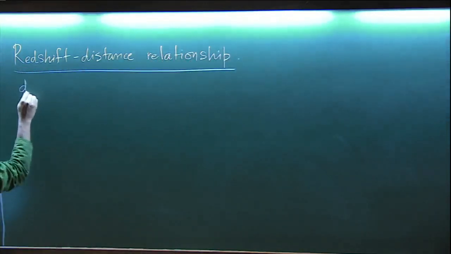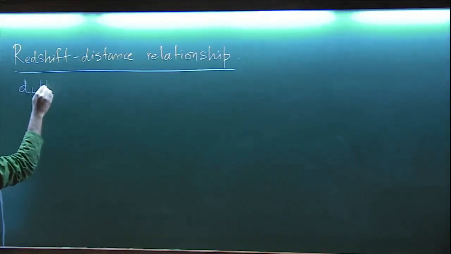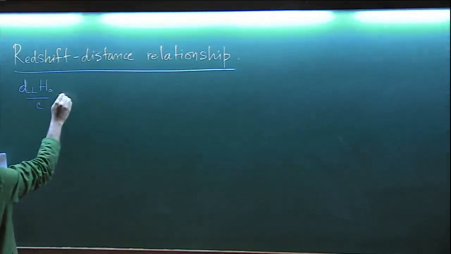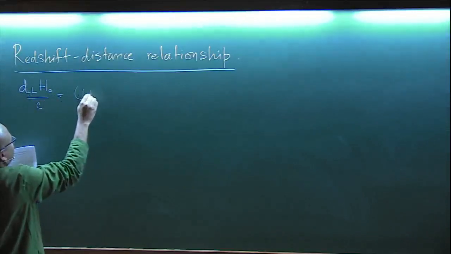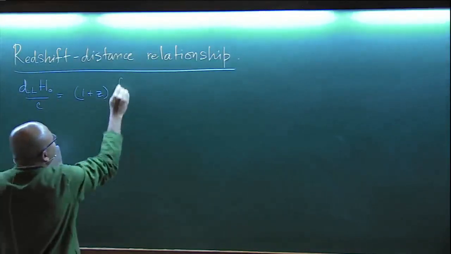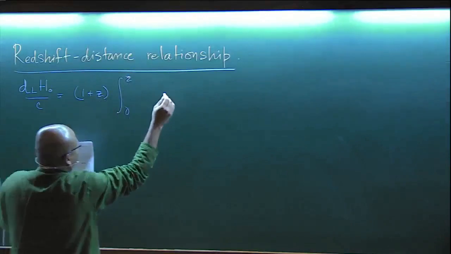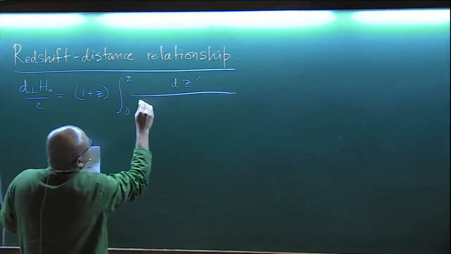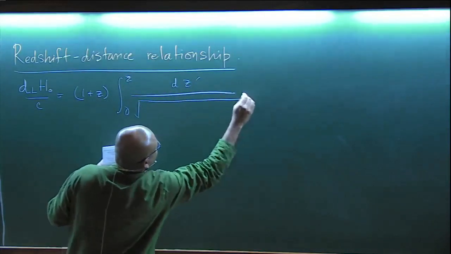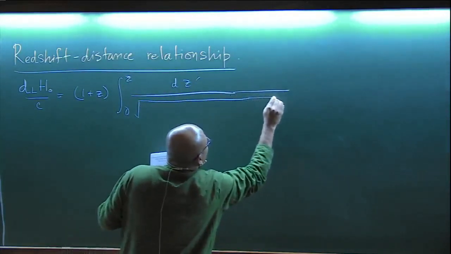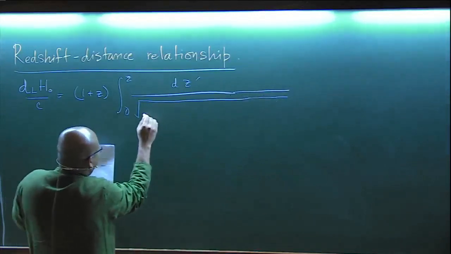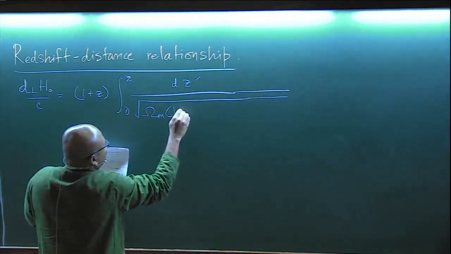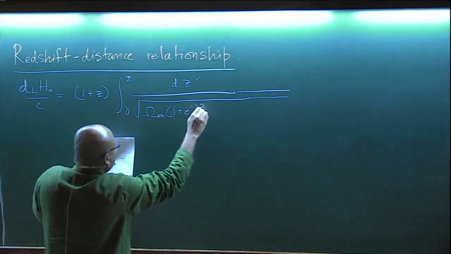And it goes as the luminosity distance times the Hubble constant over c. For a change I'm putting in the c explicitly. It is 1 plus z times the integral over z of the Hubble parameter as a function of z, which is omega m times 1 plus z prime cubed.